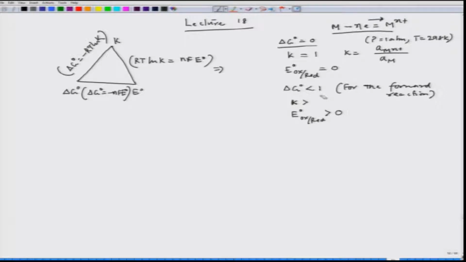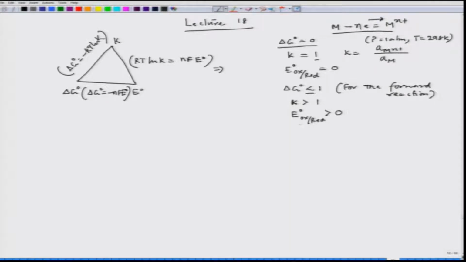Sorry, here we made a mistake, because when it is 0 that time it is 1, so it is more than 1, and when this is less than 1, this becomes greater than 0. Now, K greater than 1 and K equal to 1 means both forward and backward reactions are equally possible. But when K is greater than 1, it means that preferentially the forward reaction is taking place.